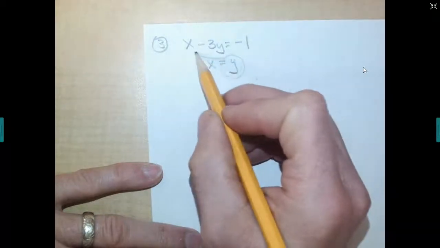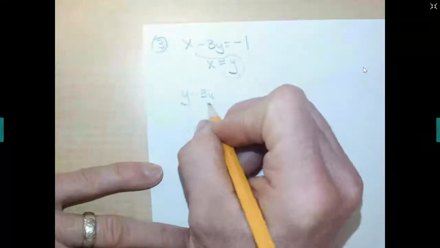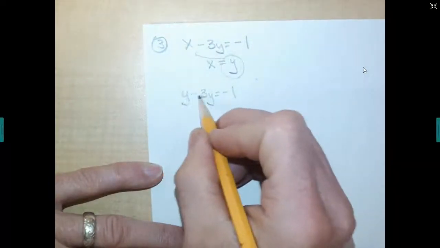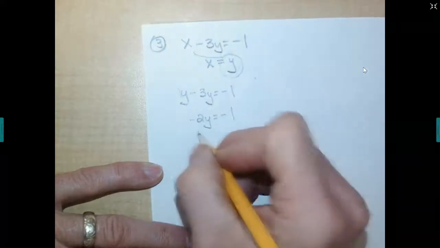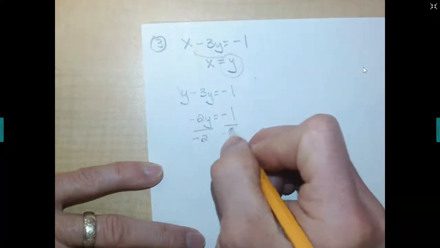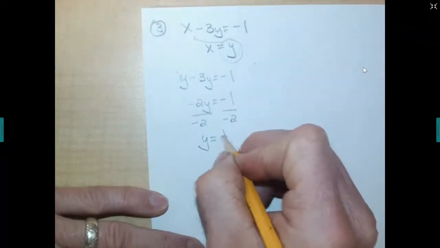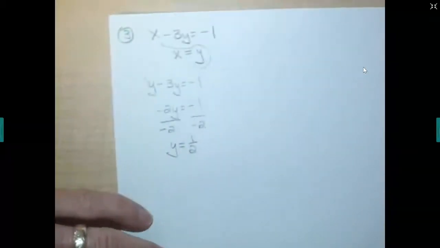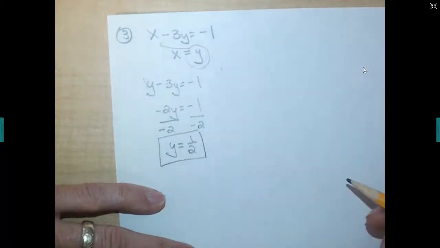So I have y minus 3y equals -1. 1y minus 3y is -2y equals -1. Divide by -2, I have y equals 1/2. Fraction. Oh, bummer. But that's alright.